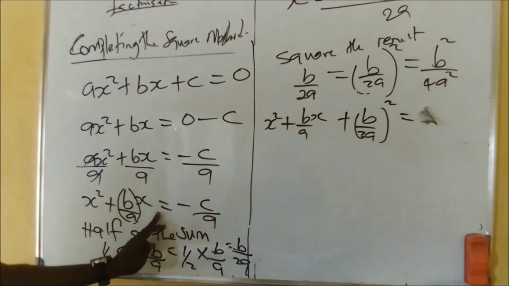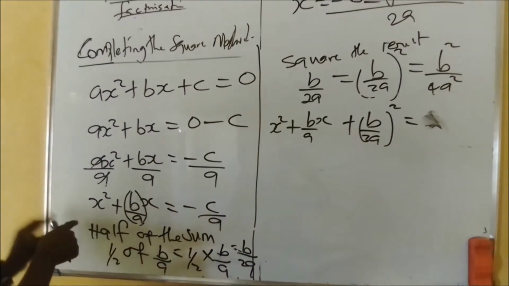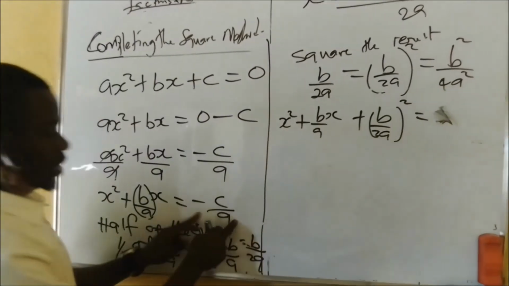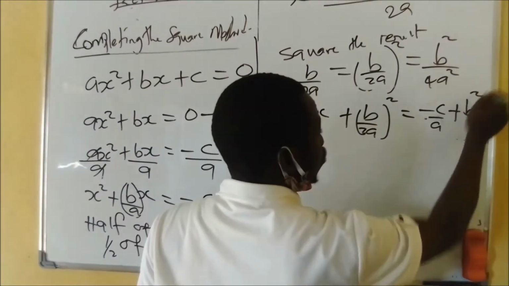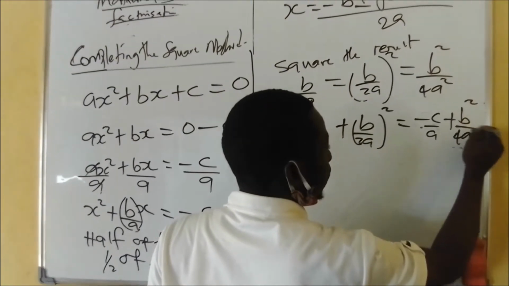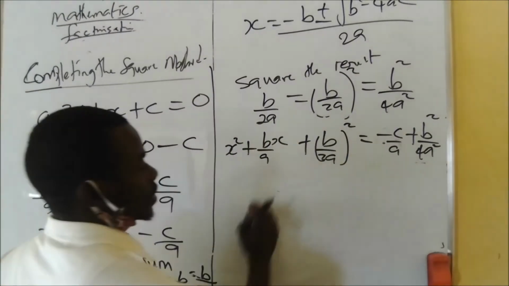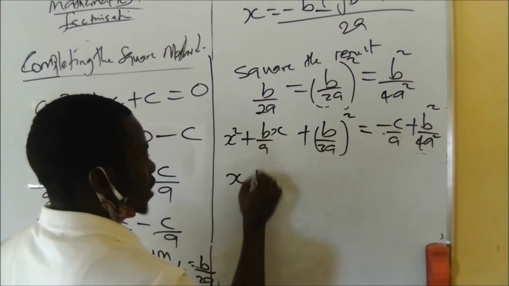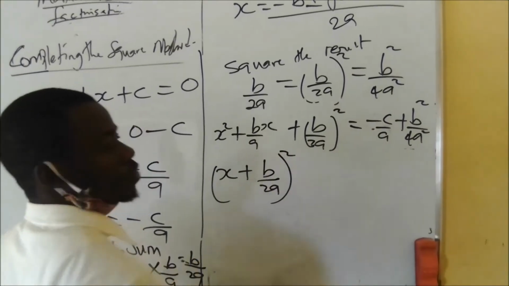You have added this to the left-hand side of the equation, then you add this to the right-hand side, giving b squared all over 4a squared. Factorize the left side and you have x plus b all over 2a all squared.